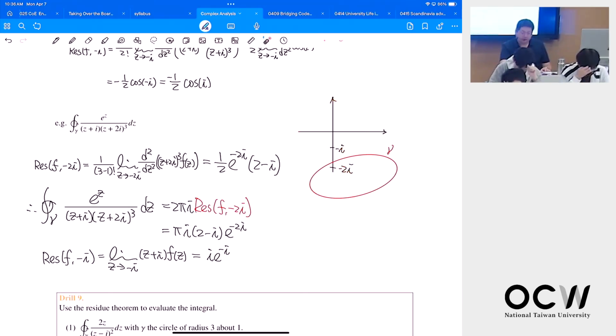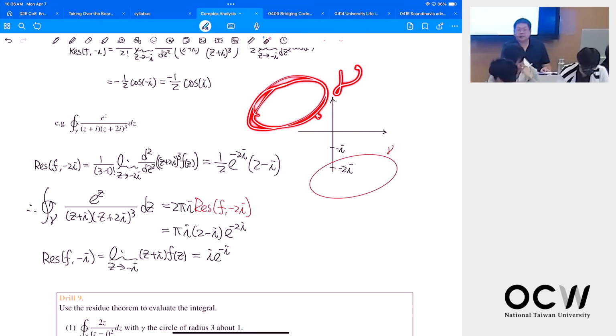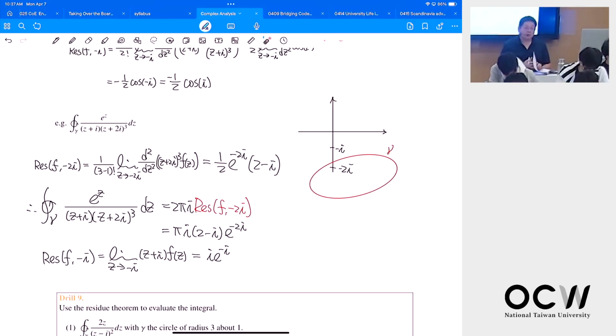If I have a gamma here, what is the answer? 0, right? And also we know that those are simply connected, and those functions are analytic, especially e to the z. So that's why if I take a closed curve not including minus i and minus 2i, then the integration will be 0.